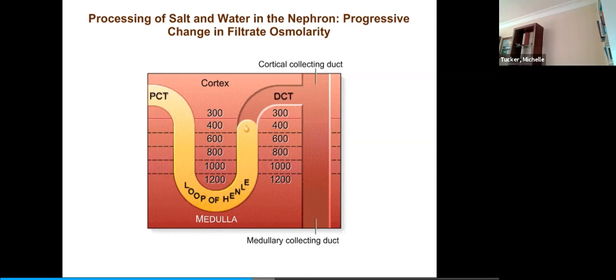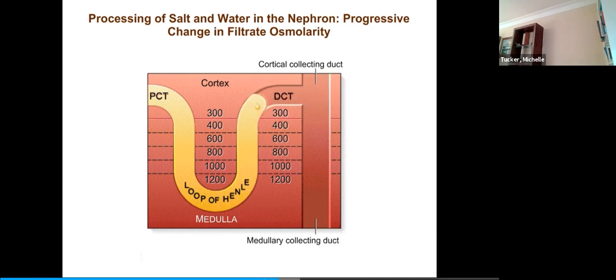Because water remains in the tubule, the filtrate volume remains unchanged. The opposing flow and opposite activities of the descending and ascending segments of the loop of Henle is called the counter-current multiplier mechanism. The osmolarity of the filtrate entering the late distal convoluted tubule, or DCT, and cortical collecting duct can be as low as 100 milliosmoles.